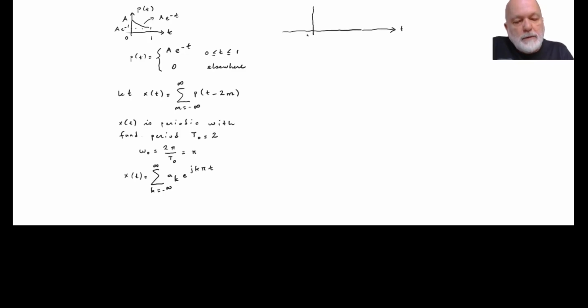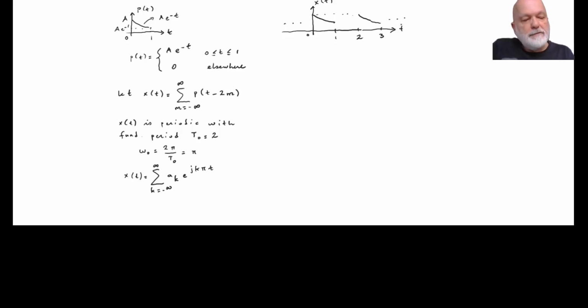From 0 to 1, it will be the exponential function, and then between 2 and 3, again we have the same exponential function. Okay, so we have such a periodic signal, which is our x of t.